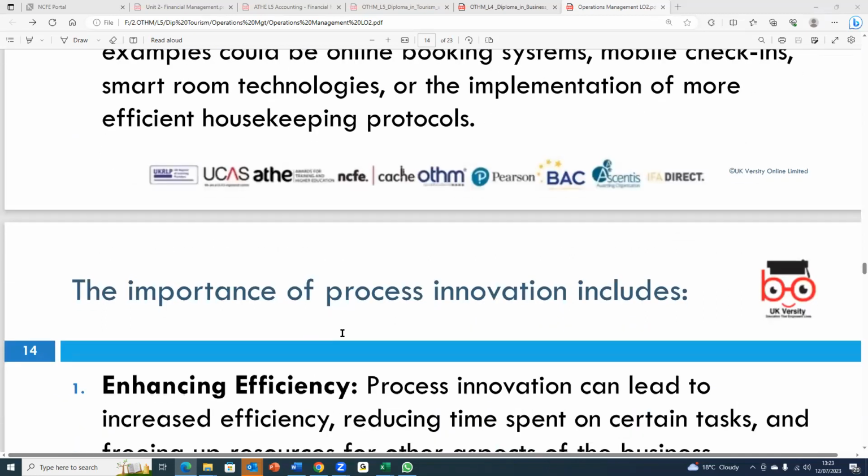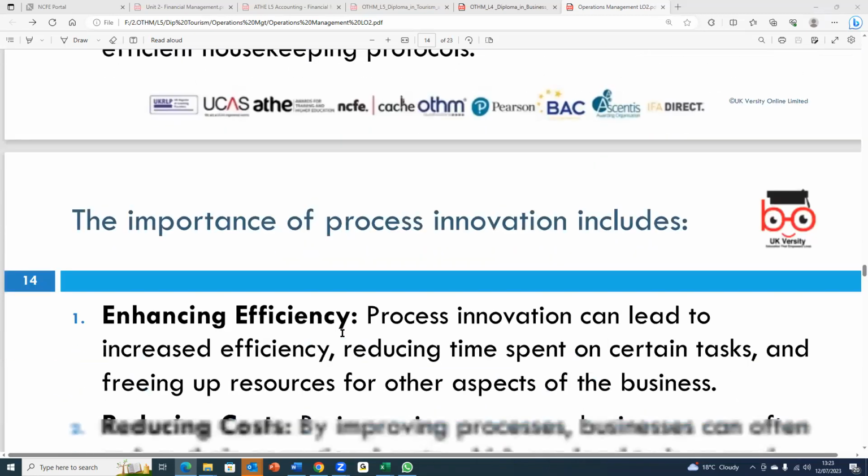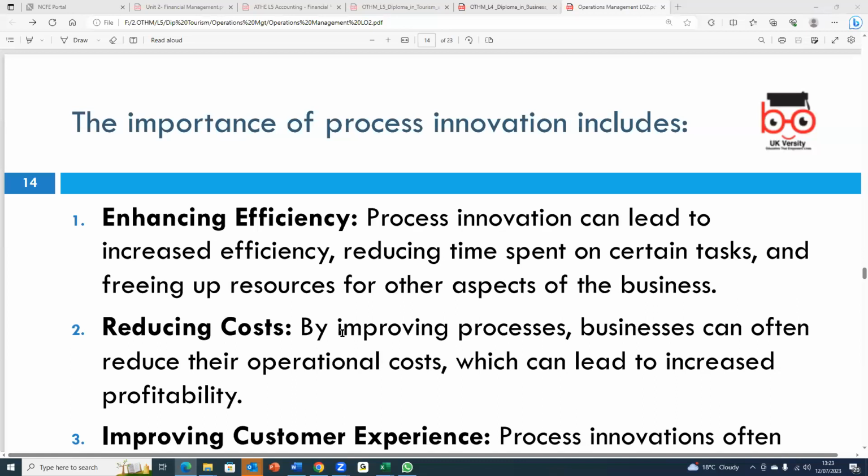So that's very important. Number two, it enhances efficiency, making sure that these innovations are increasing efficiency and reducing the time spent on specific tasks.